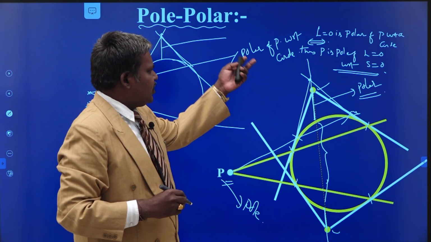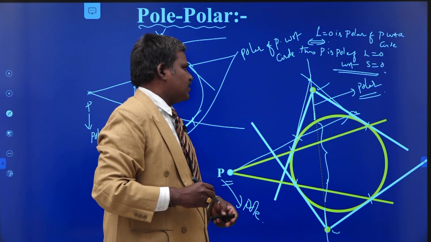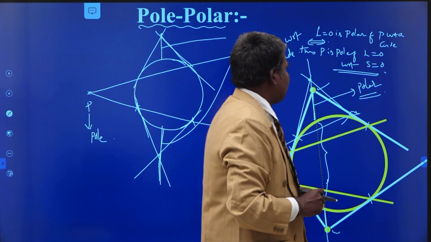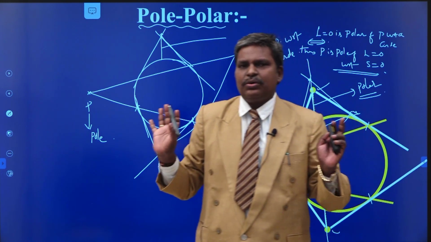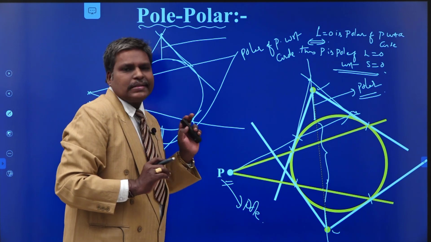We mean P is pole of the same line L equal to 0 with respect to the same circle S equal to 0. This is the definition of the pole and polar for a circle.